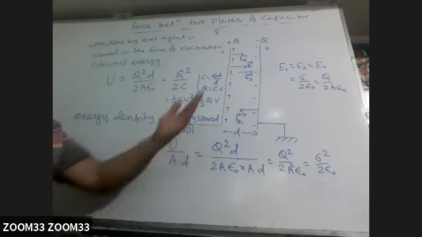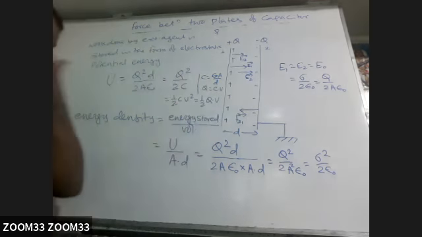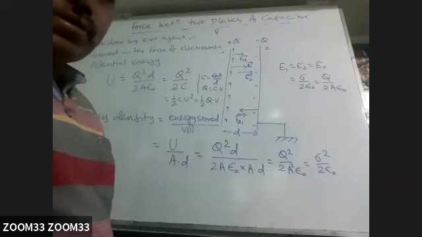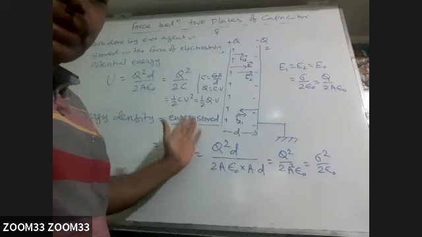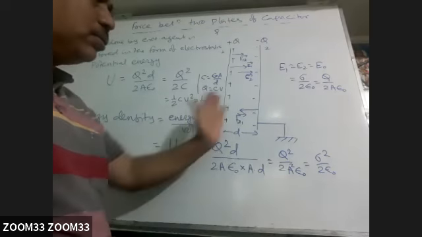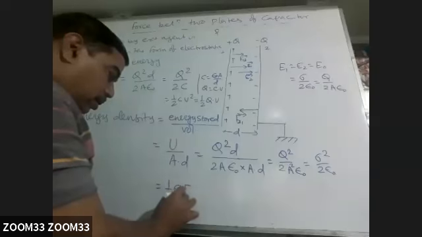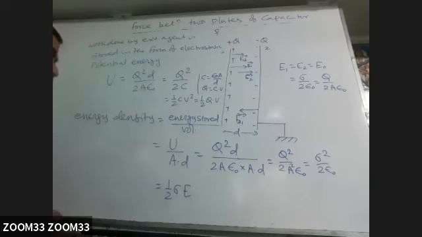Or in terms of electric field intensity, we can find the electric field intensity between these two plates. Sigma over 2 epsilon naught plus sigma over 2 epsilon naught. So sigma over epsilon naught will be the electric field. So it can be half sigma and electric field also.